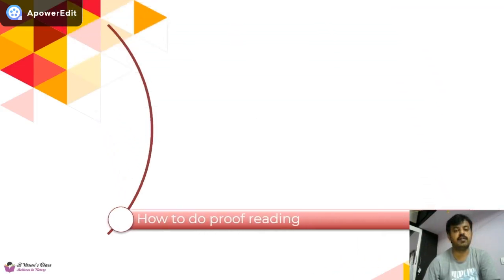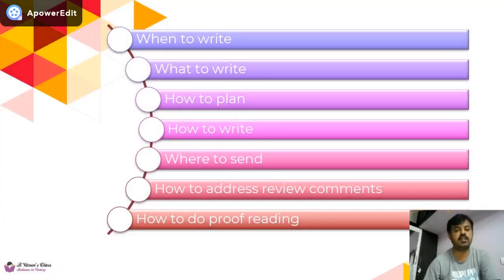Not least, we should know how to do the proofreading. So in today's module, we cover all these things in detail: when to write, what to write, how to plan, how to write, where to send, how to address the review comments, and how to do the proofreading.